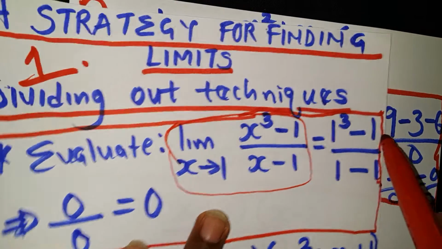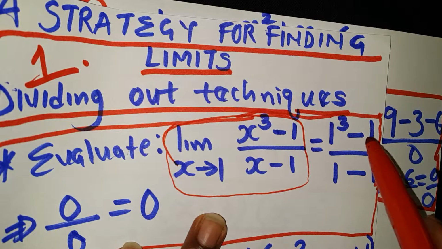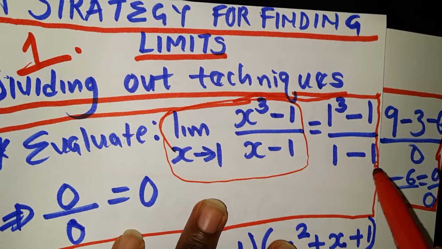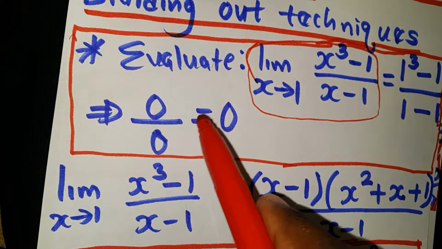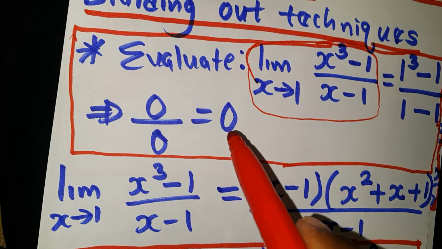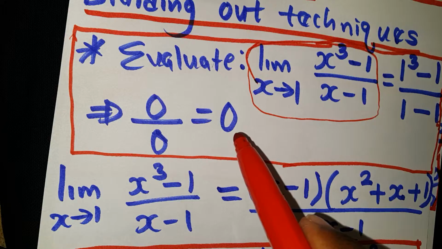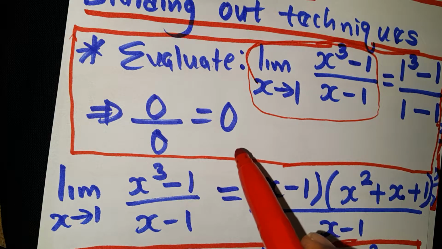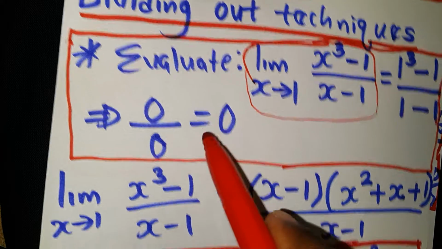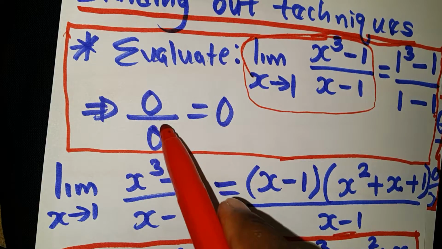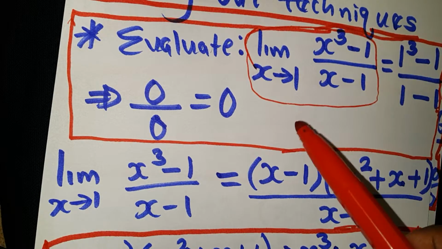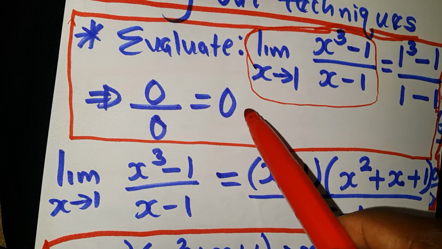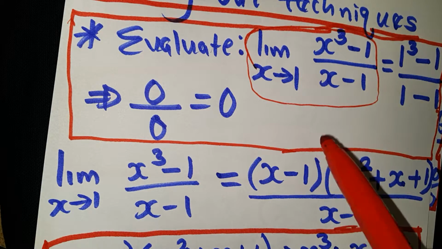So I replace my x with 1 here, 1 cubed minus 1 divided by 1 minus 1. I found out that it is an indeterminate form. So we can't leave it like this. We can't just say that's all for this solution and leave it by writing 0. No, that is totally wrong.